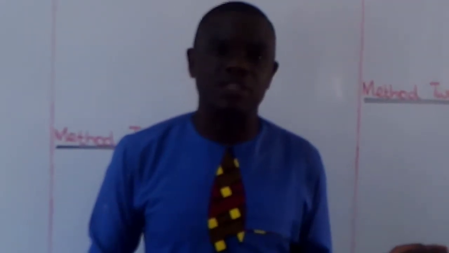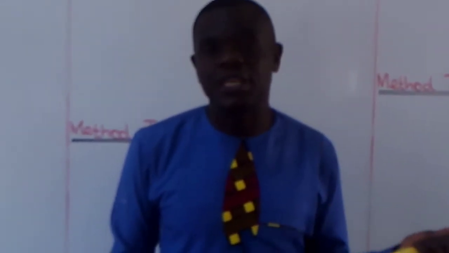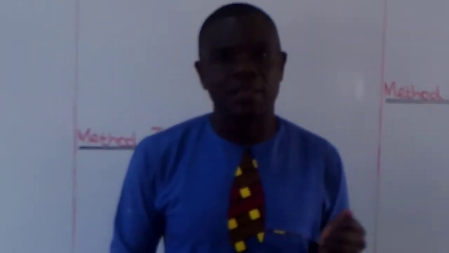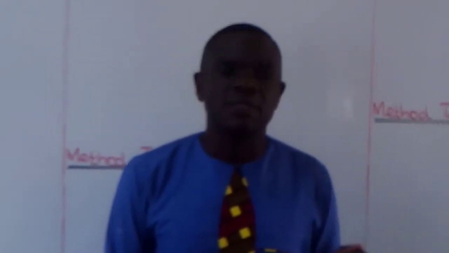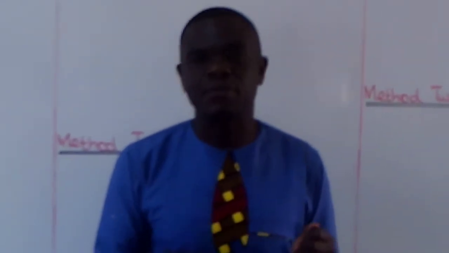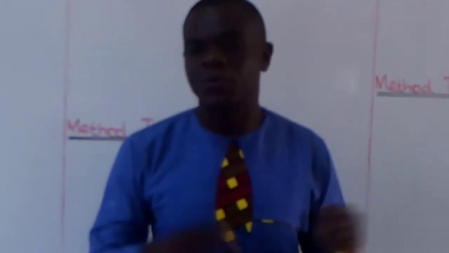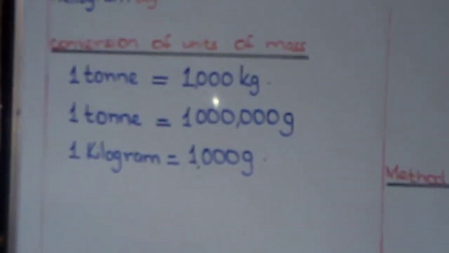Can you measure mass? What are some of the things you buy after measuring mass? Some meat, some vegetables, onions, whatever. Now let's look at conversion of the units of mass.